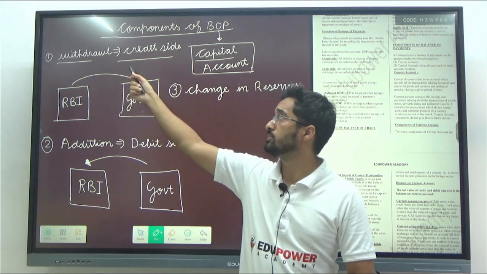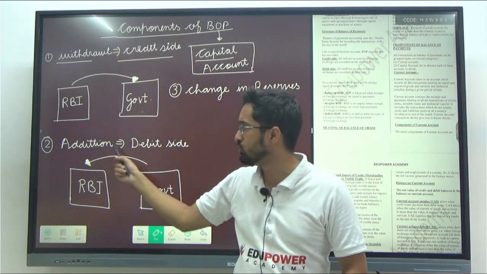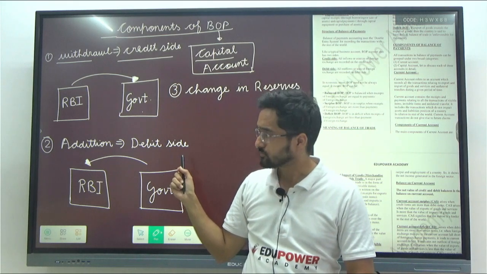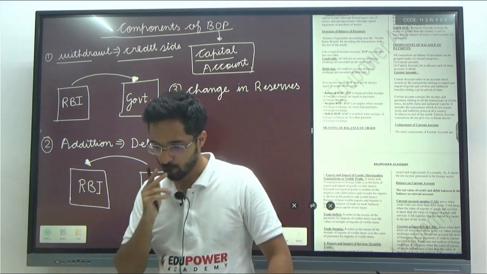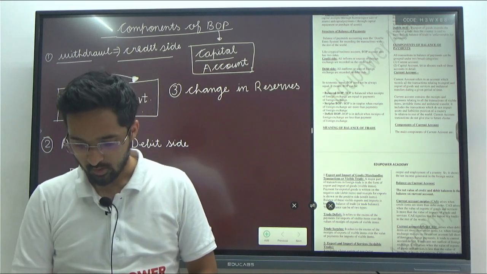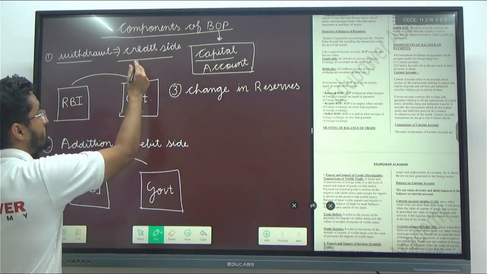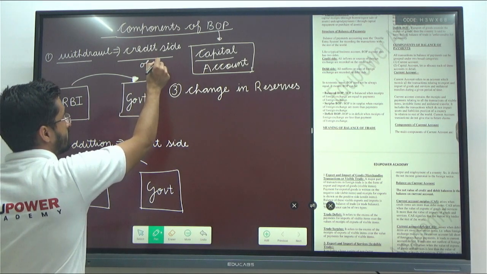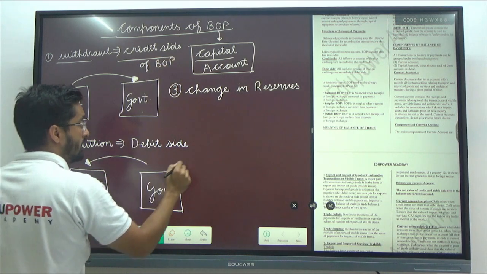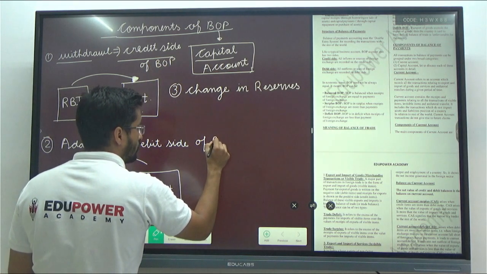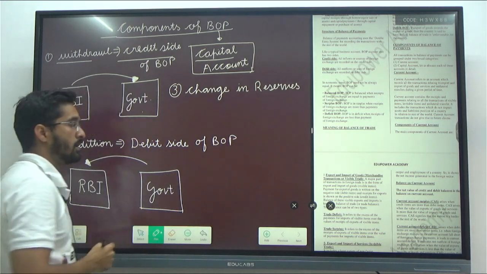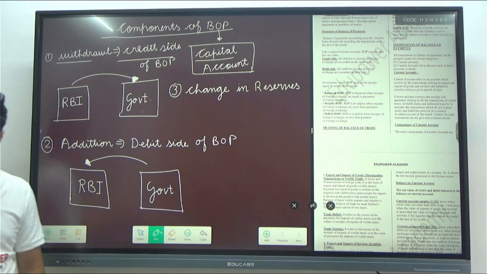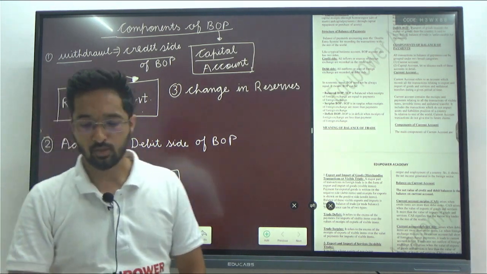Withdrawal of reserves means credit side and addition to reserves means debit side. Okay. Credit side of balance of payment and debit side of the balance of payment.